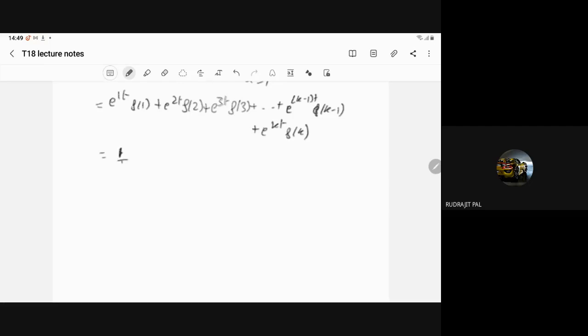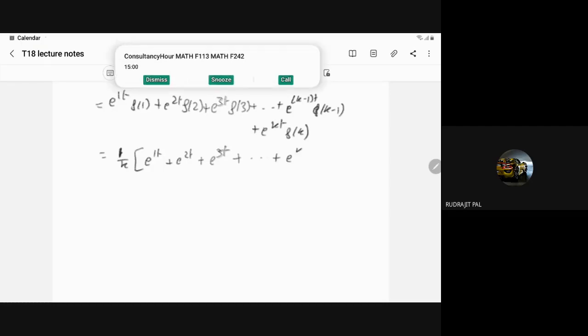So it is 1 by k, and inside we have e^t plus e^2t plus e^3t plus up to e^kt.